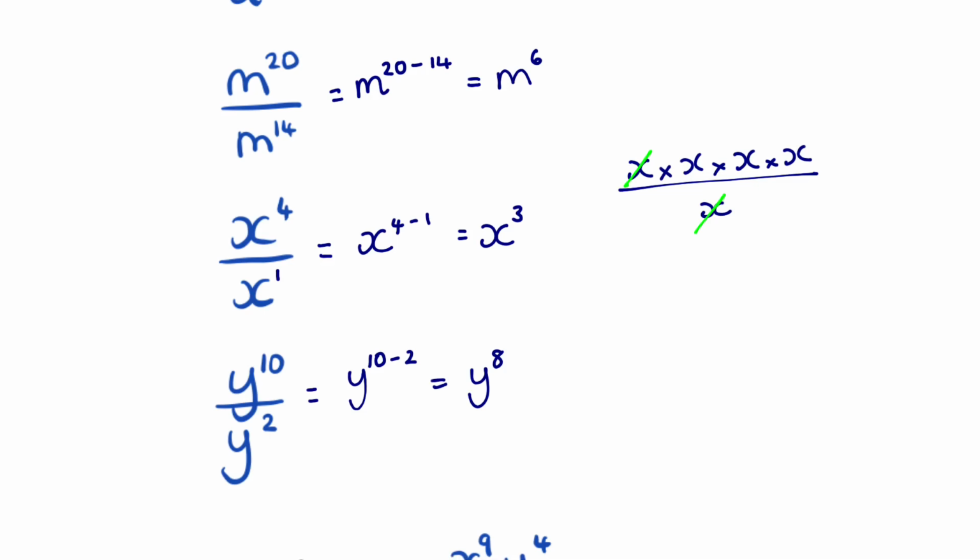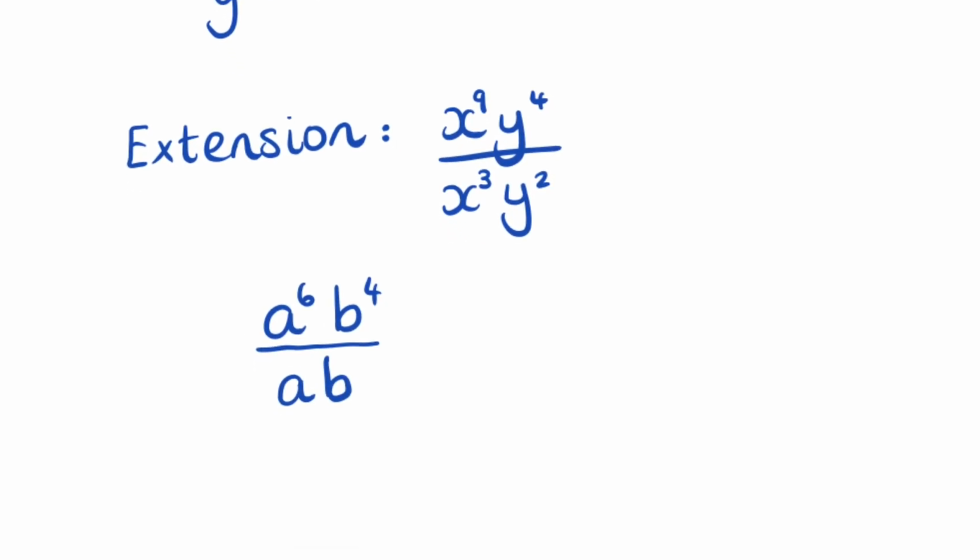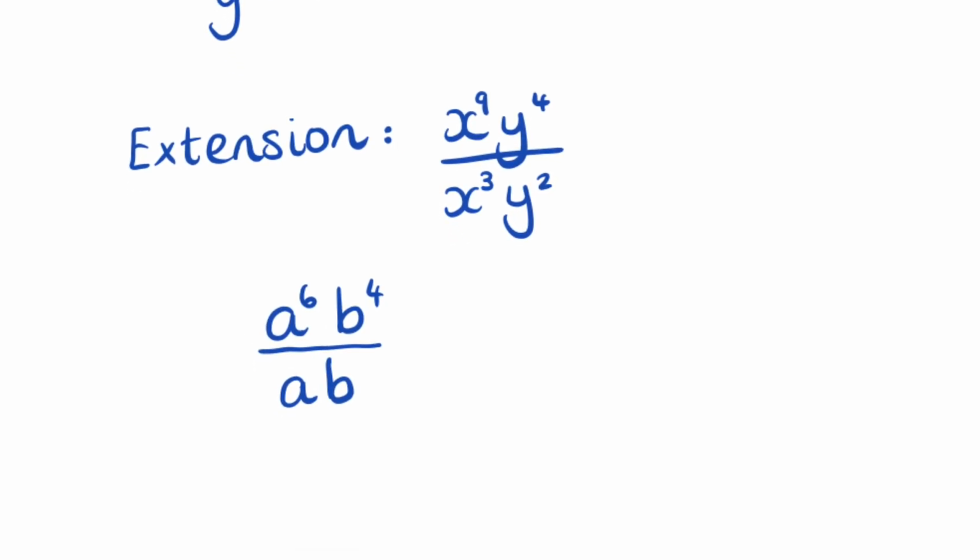Okay? So, let's just have a look at a couple more slightly further on questions. And at the moment, I'm considering these to be extension questions. So if you can do them, that's brilliant. So all we do is we deal with the letters separately. So if we're looking at the x's, we're forgetting about the y's.